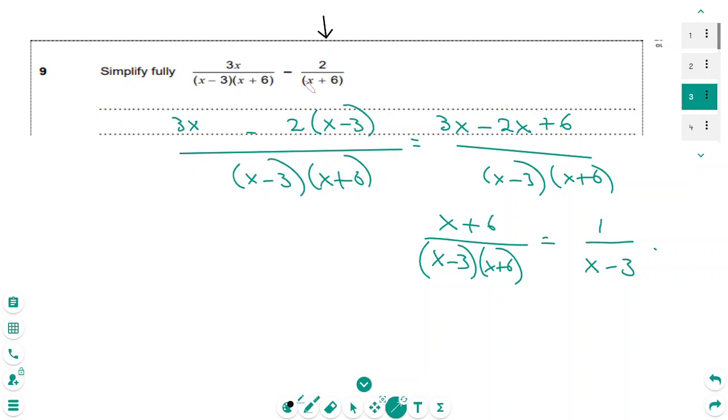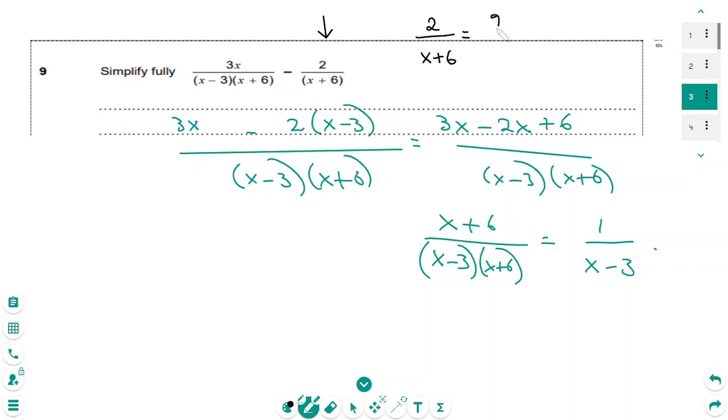So what we are going to do is to change the second fraction into a denominator (x minus 3) times (x plus 6). And to do this, we use the method of equivalent fractions, and we multiply both top and bottom by x minus 3.